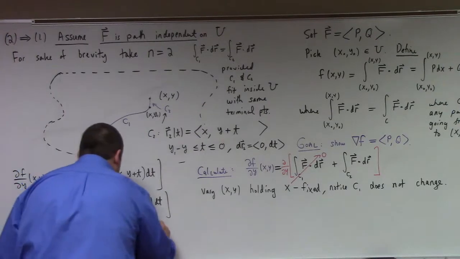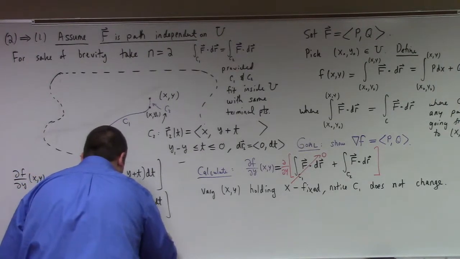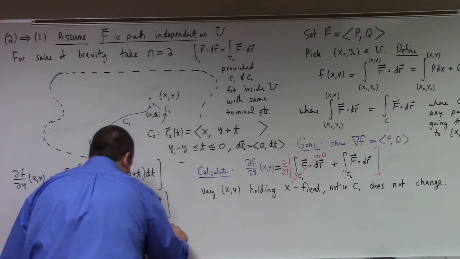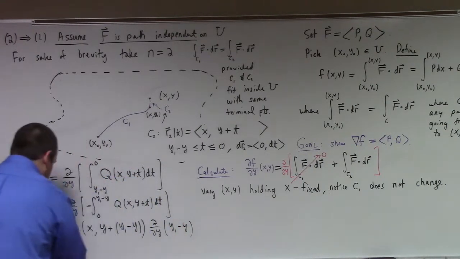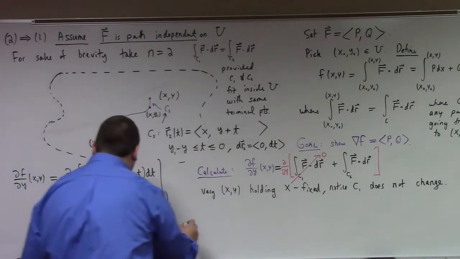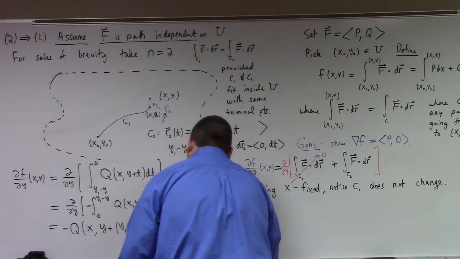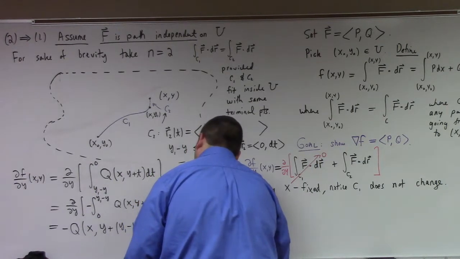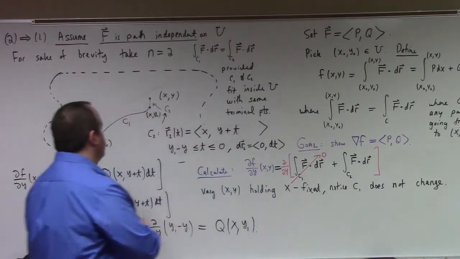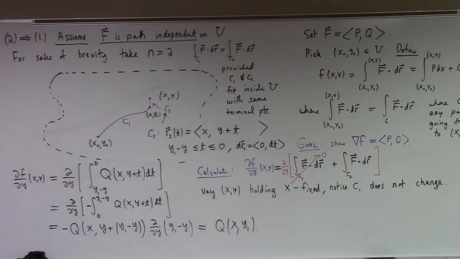And then we're supposed to multiply by the derivative, in this case, y1 minus y. There's that minus. So that minus cancels this minus, and we just get q of x comma, looks like y1. Oh, I've messed the proof up somehow. I'm sorry, guys. I should get x comma y there, not x comma y1.